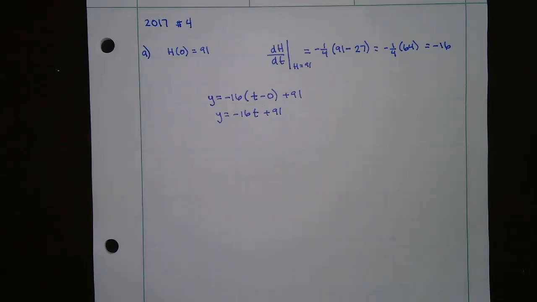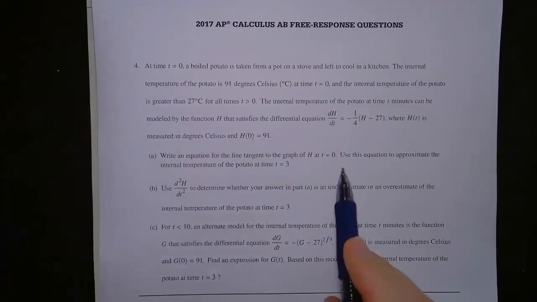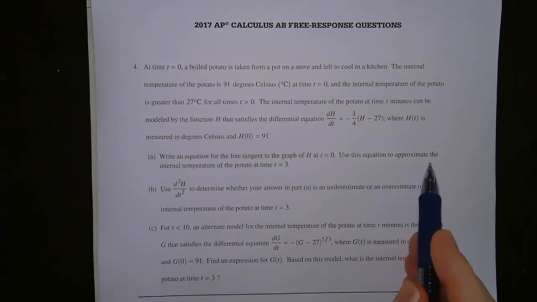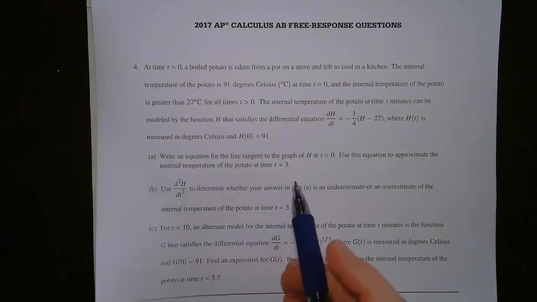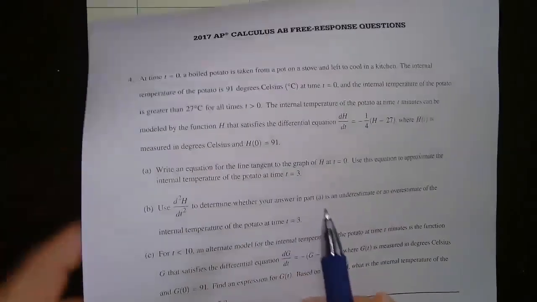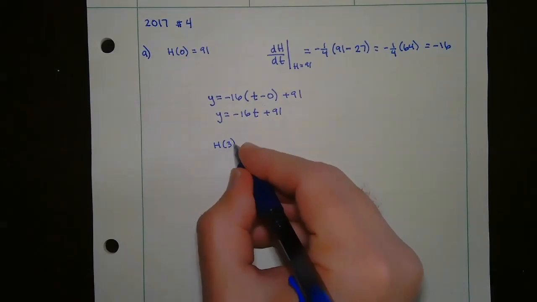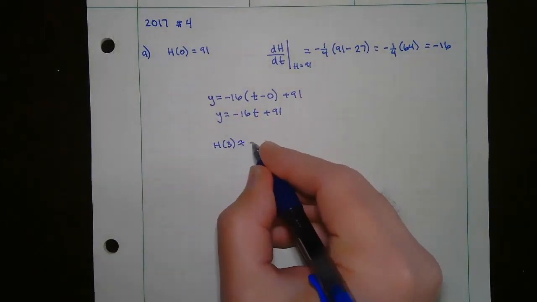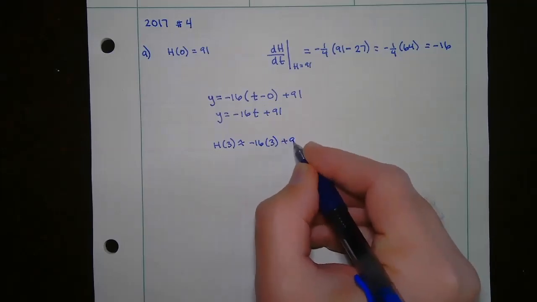So let's go to the second part of this question, and they ask you, okay, use the equation to approximate the internal temperature of the potato at time t equals 3. So that would be, we're going to approximate h of 3, okay? So that would be h of 3 is approximately negative 16 times 3 plus 91.